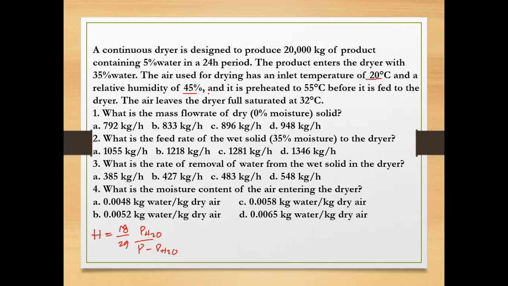Relative humidity is pH2O divided by P star H2O. So you use the steam table, get the saturated pressure of air at 20 degrees Celsius, and multiply it by 0.45. Percent relative humidity is pH2O divided by P star H2O, so to get this pH2O, you use the steam table and find P star H2O.